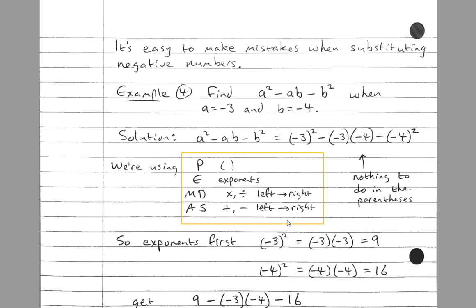Just highlighting the order of operations we need. P parentheses, E exponents and roots, MD multiplication and division left to right, AS addition and subtraction left to right. Lots of parentheses here, but there's nothing actually to do in the parentheses. They're just single numbers. So again, it's exponents we take care of first.